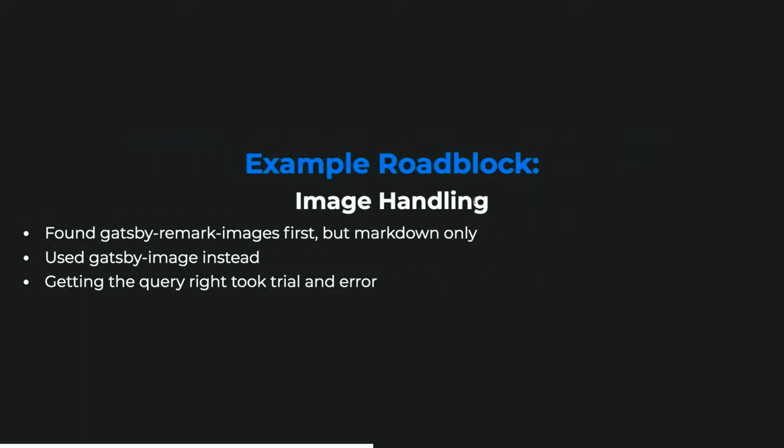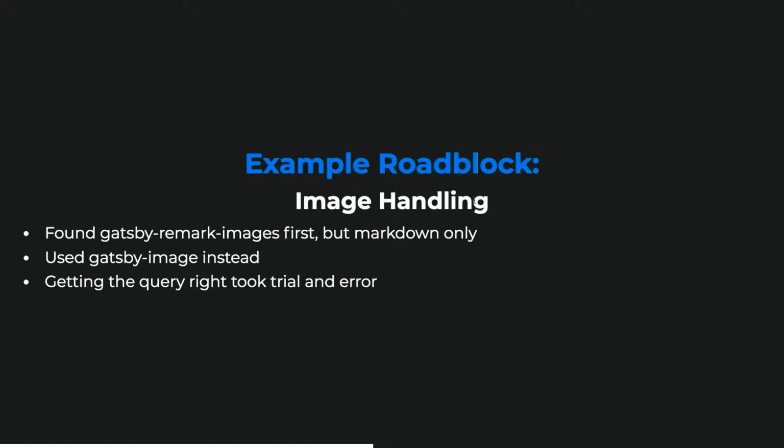So in the time that we have, I'm just going to look at a couple of examples of little challenges that I faced, specifically through handling images. It kind of encapsulates a handful of things. I wanted to add images to my Gatsby site, because websites have images. So I looked at the plugins, and the first thing I ran into was the Gatsby Remark Images plugin.